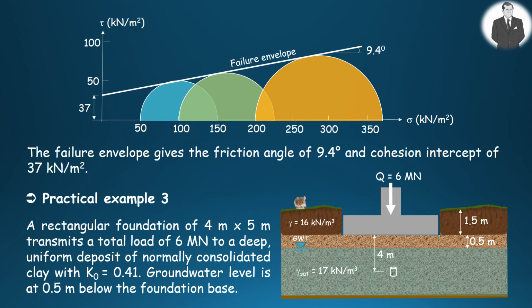Practical example 3. A rectangular foundation of 4 meter times 5 meter applies a total load of 6 meganewton to a deep uniform deposit of normally consolidated clay with the coefficient of earth pressure of 0.41. Groundwater table is at 0.5 meter just below the foundation base.